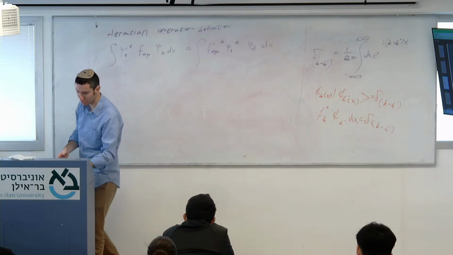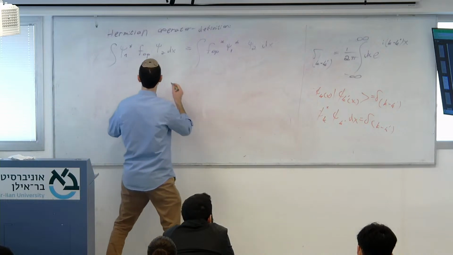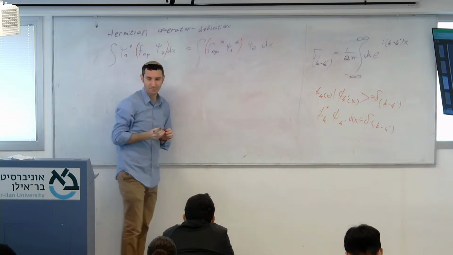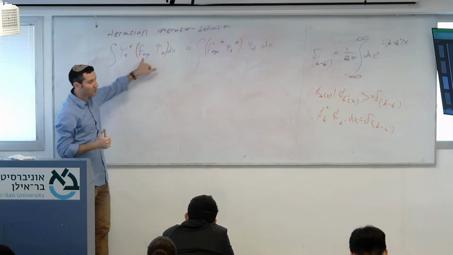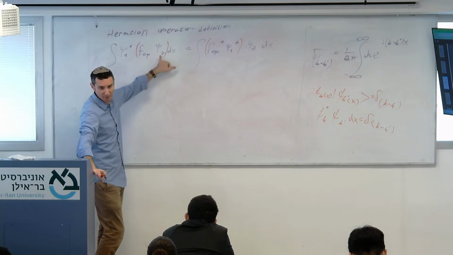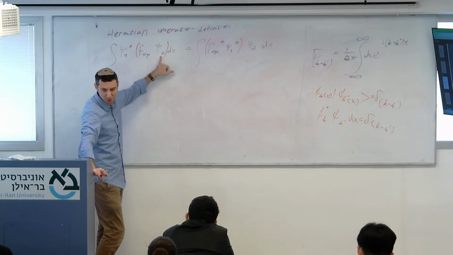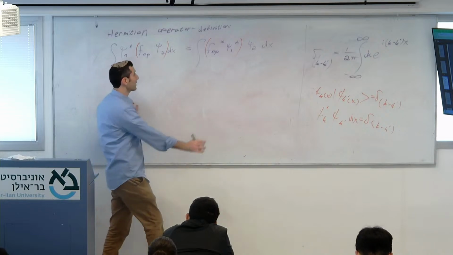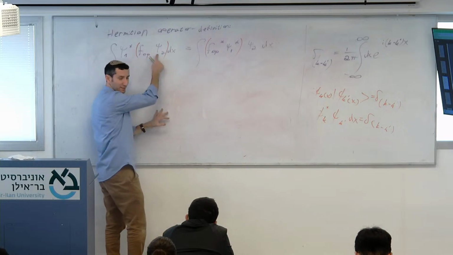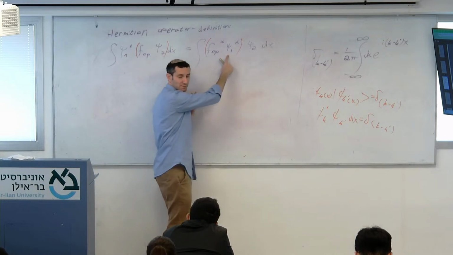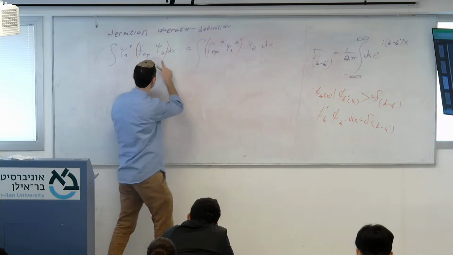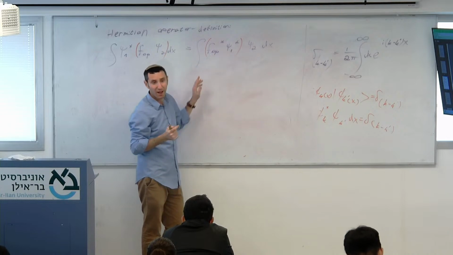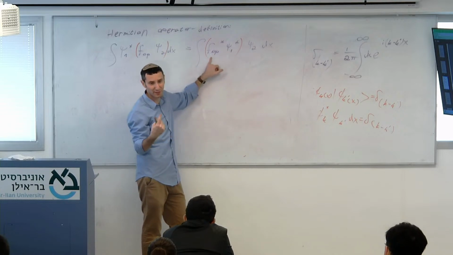In order for it to be a little clearer, I'm going to use brackets. Here, I first act the operator f on the function psi 2. Then I multiply by this, and only then I integrate. Here, instead of the f operator acting on psi 2, it acts on psi 1. If you're talking about derivatives, here there's a derivative of this, and here there's a derivative of that. However, when I move it to the left, I also take the complex conjugate of it.